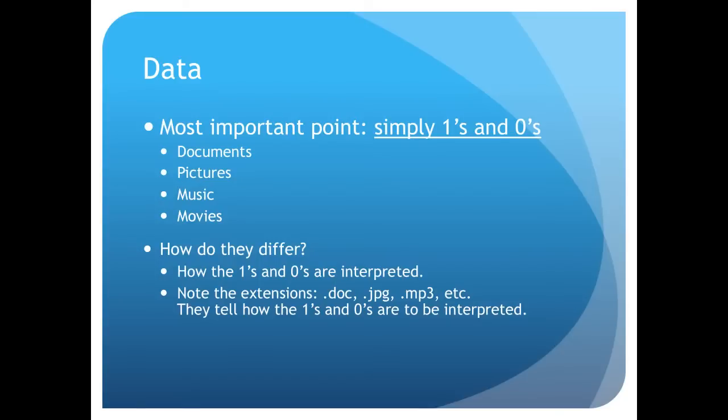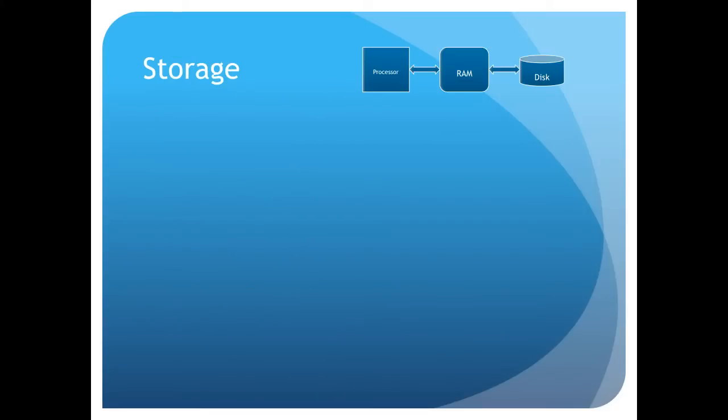Everything in the computer is a bunch of ones and zeros. It's all in how they're interpreted. And in fact, even nothing is a bunch of ones and zeros. So there's no such thing as the concept of nothing in terms of computer storage. There always has to be either a 1 or a 0. It might be garbage, but there's never nothing.